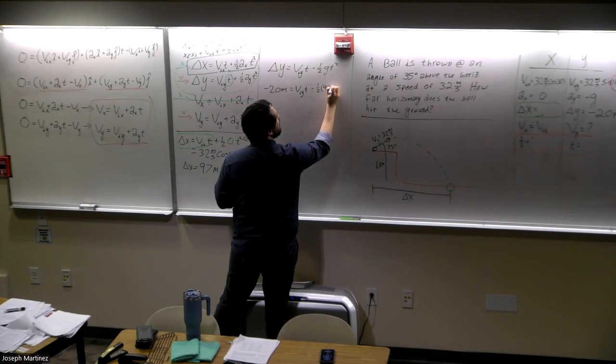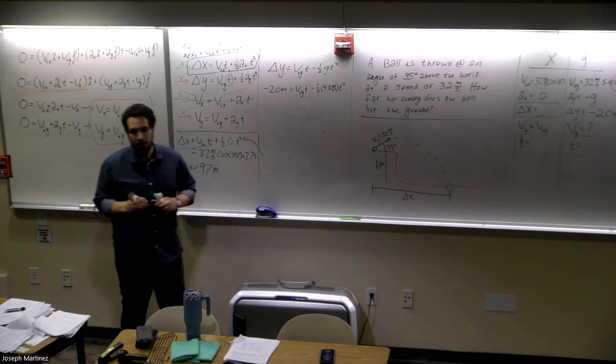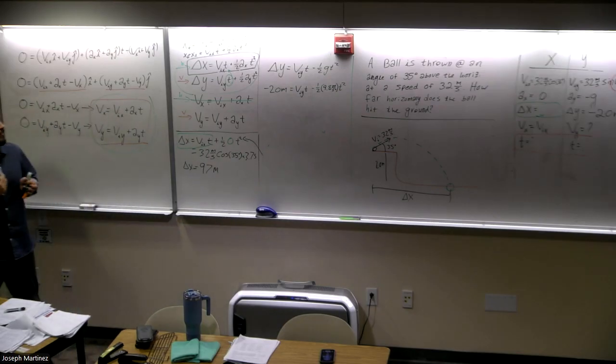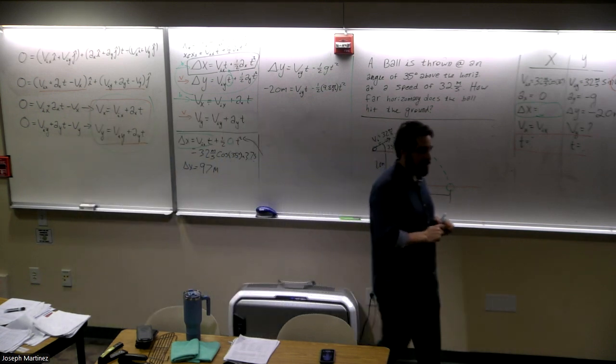I'm going to put in the 9.8 here. I just didn't put in the v initial y because it's going to be a little bit longer of an input, and I don't want to squeeze it in too much, but that is just a number. What is this? This is a quadratic equation.